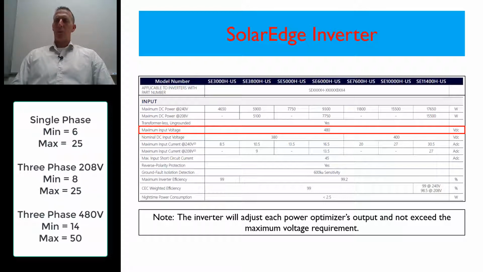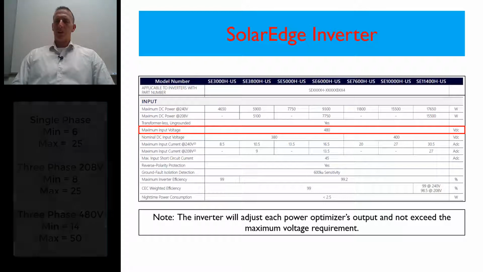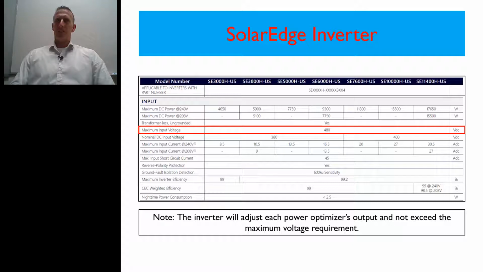Anyways, you have a wide range on those, but even if we connect 50 of those in series, we're not going to get 3,000 volts. We're not going to get 1,000 volts. Typically, it'll be matched up with the inverter, and the maximum output would be right here, 480, or whatever that inverter is.